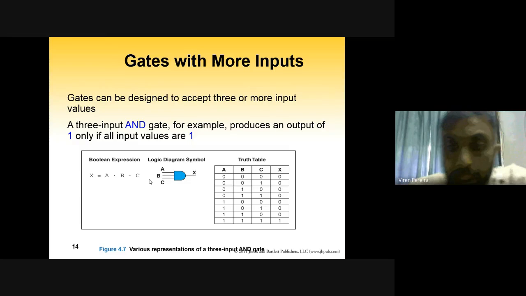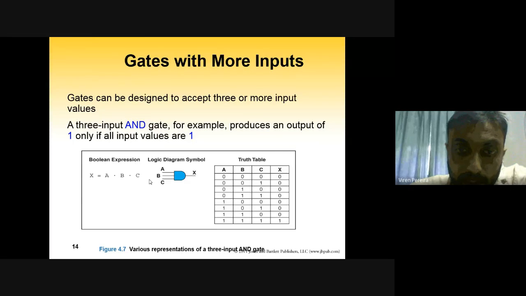As I told you earlier, you have to write your inputs A, B, and C, and your output is X. So always start from the last, that is C, as 0, 1, 0, 1, 0, 1, 0, 1 continuous. Then again, in multiples of 2: 0, 0, 1, 1, 0, 0, 1, 1. Now here it will become 4: 0, 0, 0, 0, 1, 1, 1, 1.